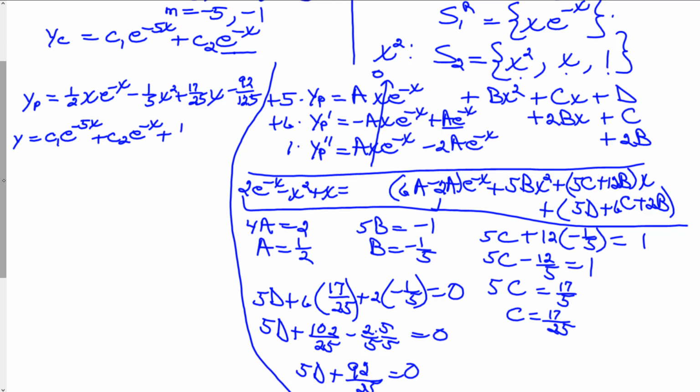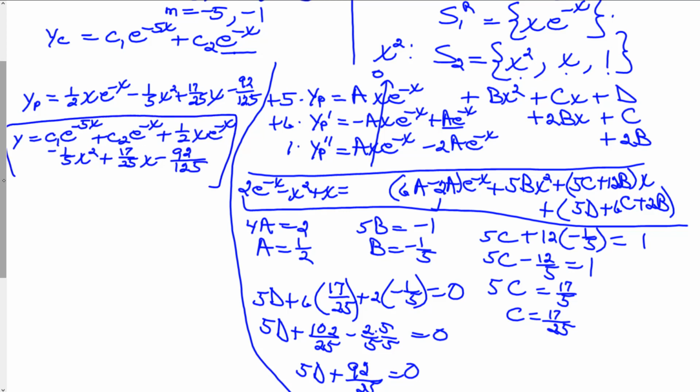So plus the 1/2 x e to the negative x minus the 1/5 x squared plus 17 over 25 times x minus 92 over 125. All right, and since we checked our y sub p twice, we're sure about those constants a, b, c, and d. Ordinarily, you wouldn't have to worry about that because you would be using a calculator as you worked. I just didn't have mine with me when I was doing this particular video. All right, so hopefully that's clear.